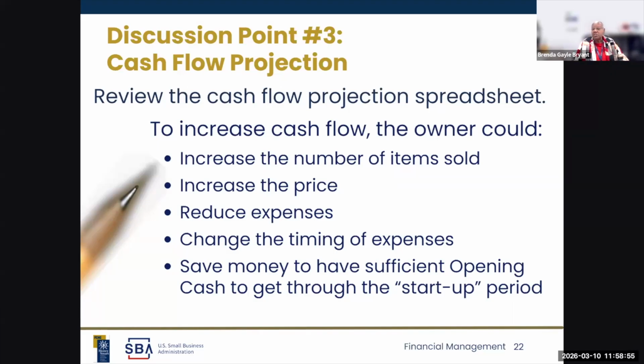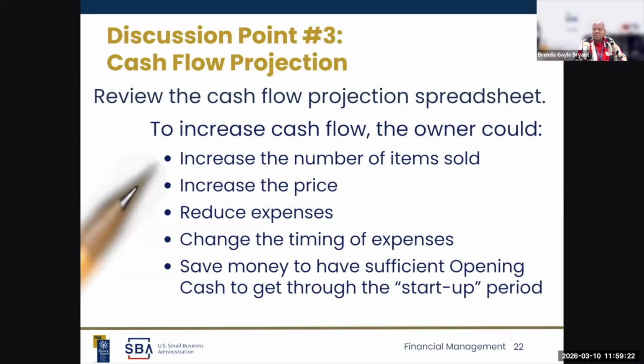Can you reduce expenses? If I'm looking at this and I'm saying, oh my gosh, I've got way more money going out than I have coming in, this is not good. You know this from running a household. As my mother would say, I can't have more month than money. So what can I do?